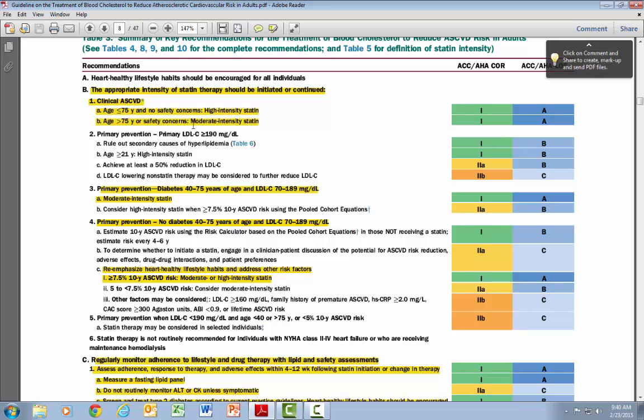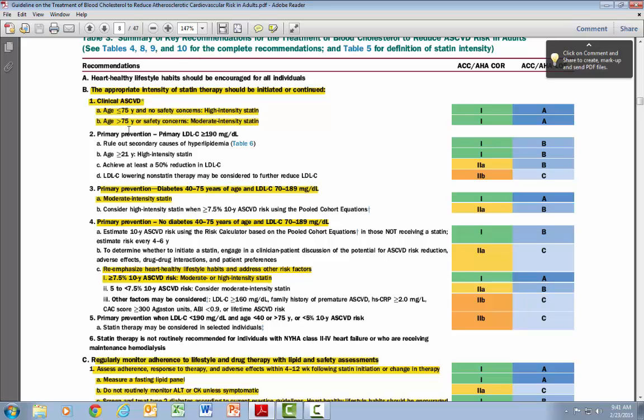And when I say moderate intensity statins, remember that this research study took into consideration atorvastatin 40 milligrams, and high intensity will be 80 milligrams. Okay, so any patient that is less than or equal to 75 years old and there is no safety concern, high intensity statin.